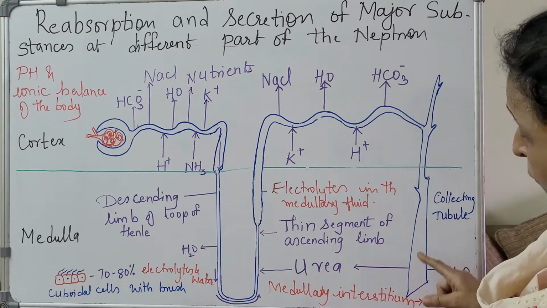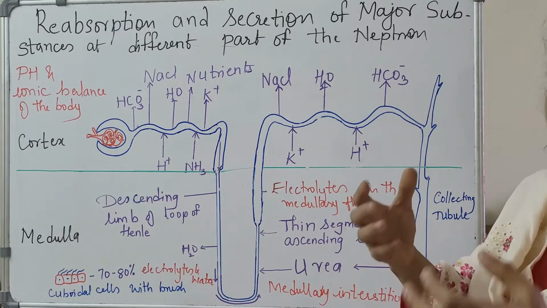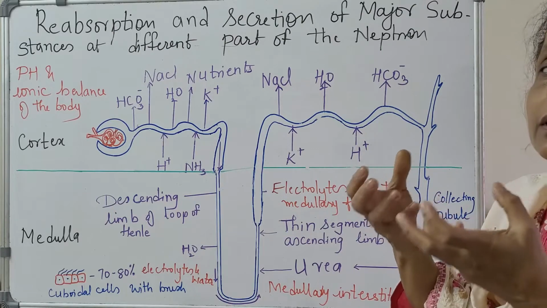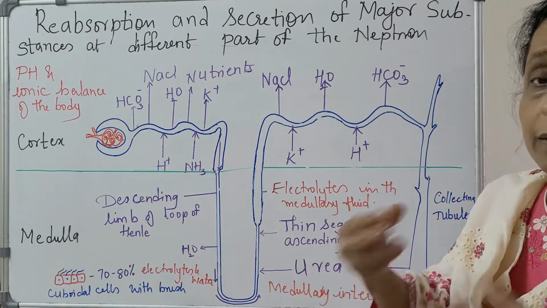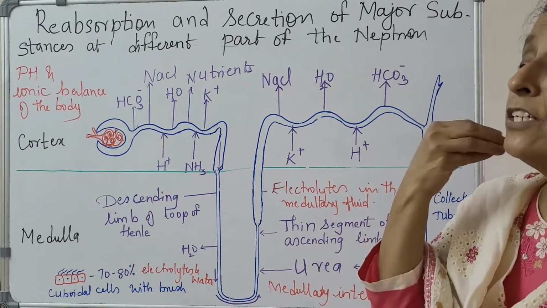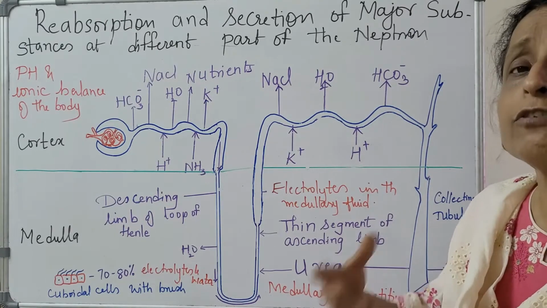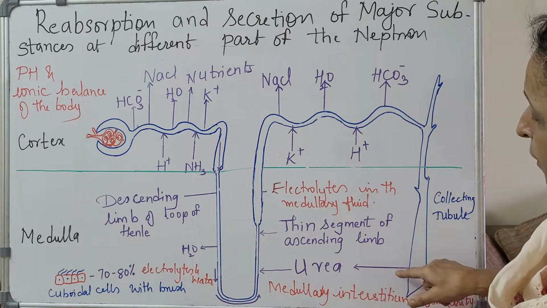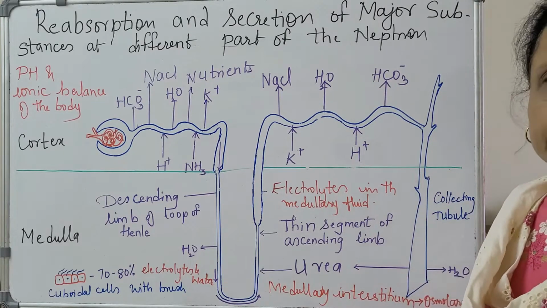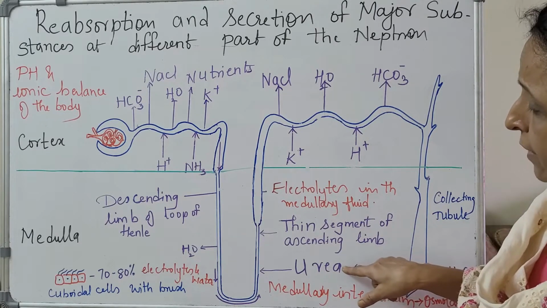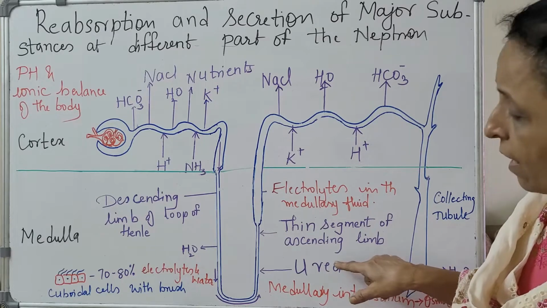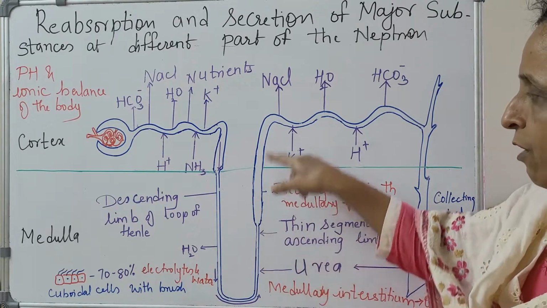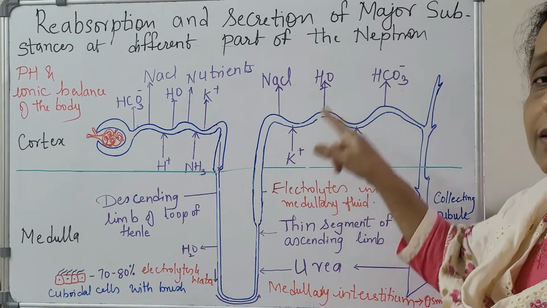Now, for managing the pH and the ionic balance of the interstitial medullary fluid, some urea is secreted. Urea is secreted, and that will be absorbed again here and sent for the cycle.